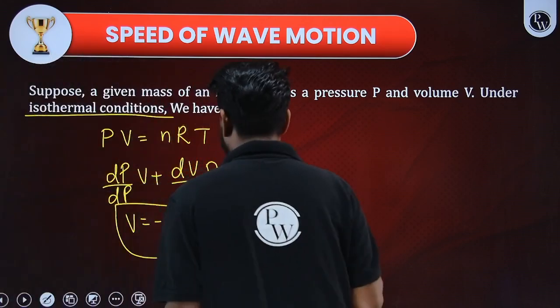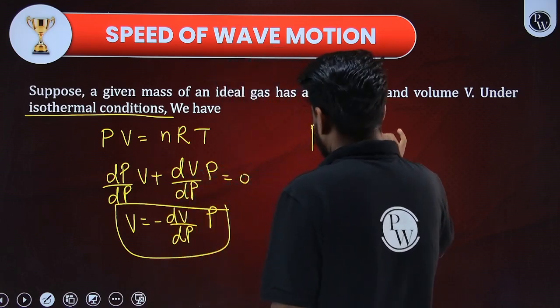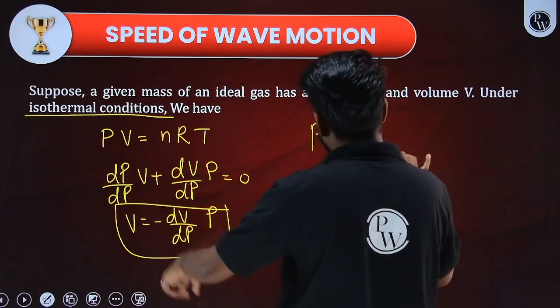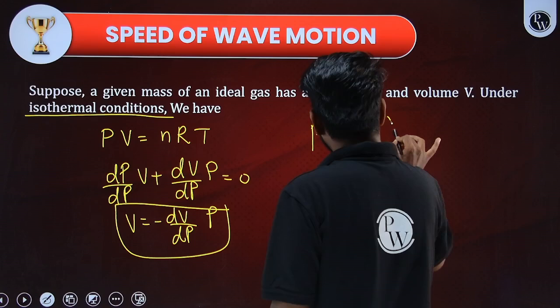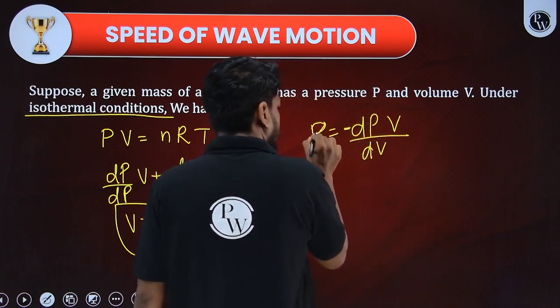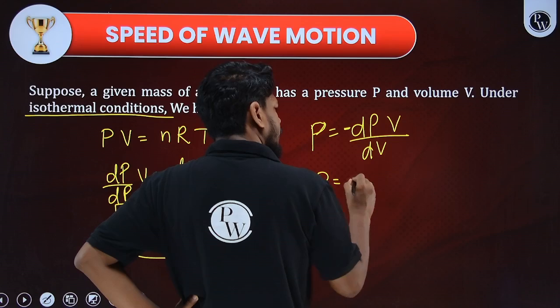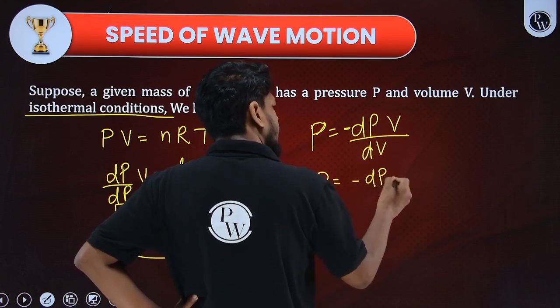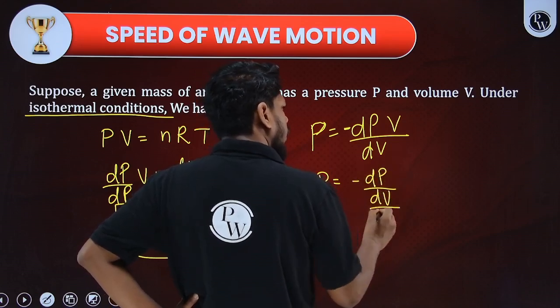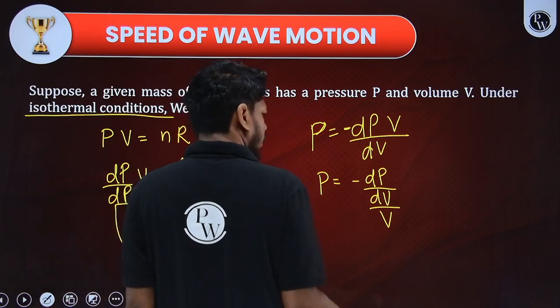What will happen to my pressure? Pressure is equal to, if I cross multiply, dP into V divided by dV. If I rearrange this, I can write this as minus dP by dV whole divided by V. If you think about this, what is this, sir?